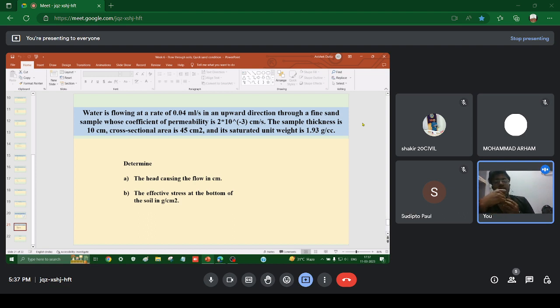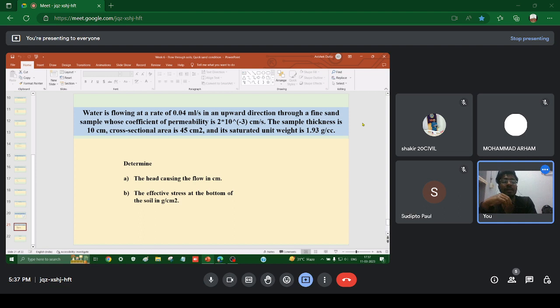If you have any doubt with this question, please tell. Water is flowing at a rate of 0.04 ml per second in an upward direction through a fine sand sample whose coefficient of permeability is 2 into 10 to the power minus 3 centimeter per second.